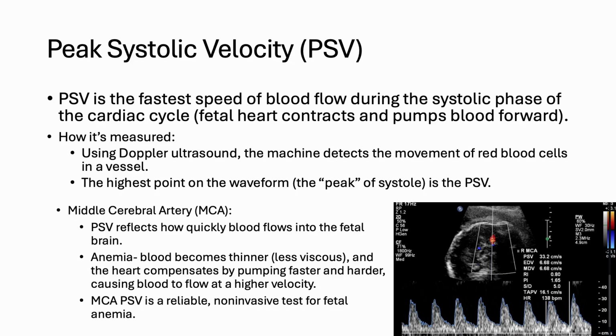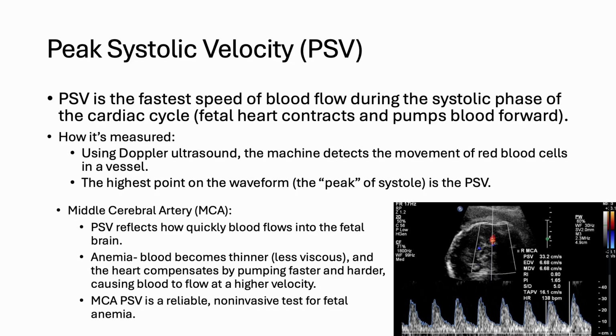So how is it measured? With the Doppler ultrasound, the machine detects the movement of the red blood cells in the vessel. The highest point on the waveform is the peak of the systole. This is the peak systolic velocity. You can see on this image there is a wave and there is a peak in the wave.